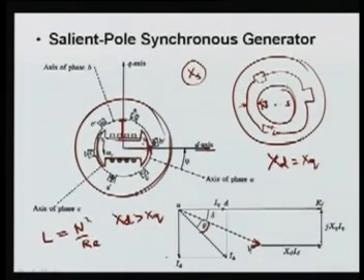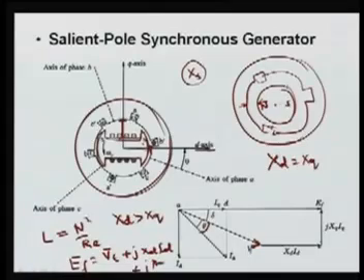So for this generator, EF will be the terminal voltage Vt plus jXd Id plus jXq Iq.